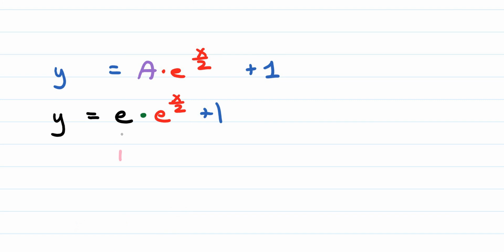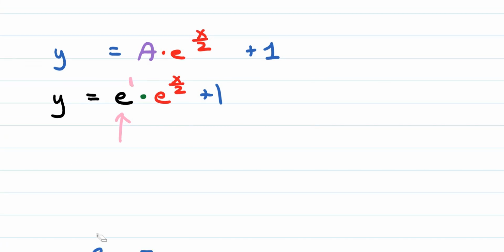Now, when I look at this e right here, there's actually an invisible power 1 there, right? So if I combine the exponents now, this is y equals e to the power of 1 plus x over 2, and then I have the plus 1 over here.